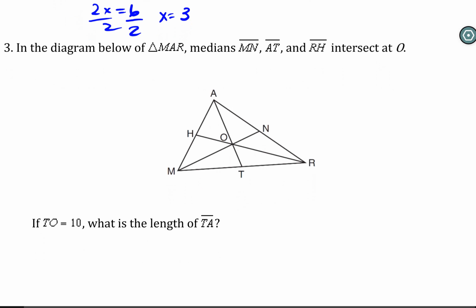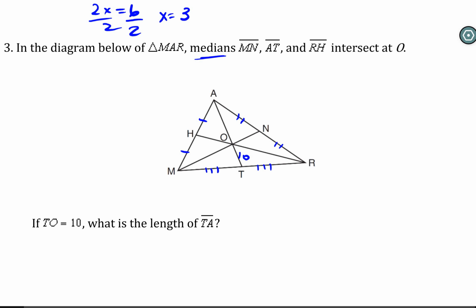Number 3 gives us medians. So medians tell us that all of these sides are going to be cut into 2 equal pieces because they're going to intersect the midpoint. It tells us that TO is 10, and it wants us to find TA.